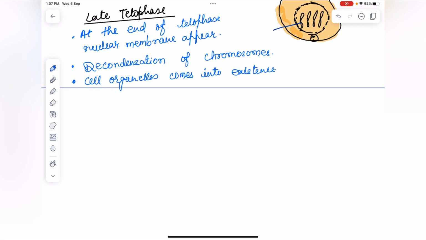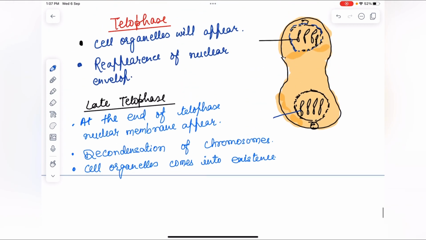So what we have seen is that telophase is called the end phase, and in this phase the chromosomes reach the poles, the mitotic spindle fiber disappears, the chromosomes decondense, and there is a reappearance of the endoplasmic reticulum, Golgi apparatus, mitochondria, all the cell organelles, and the nuclear envelope or nuclear membrane. And in this phase the chromosomes get decondensed.